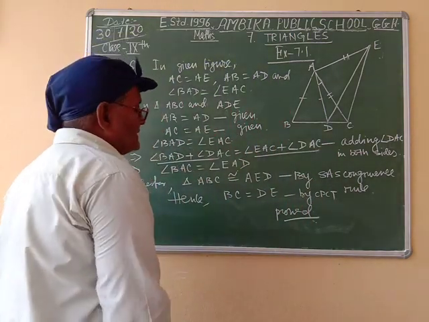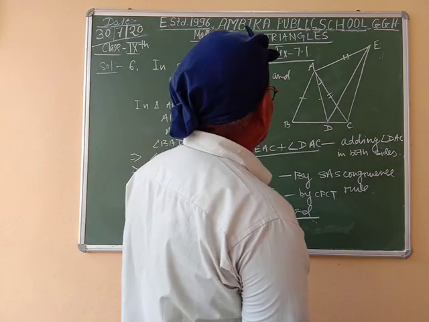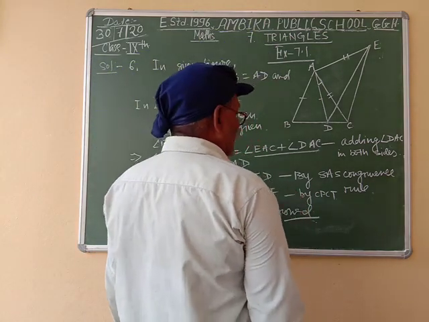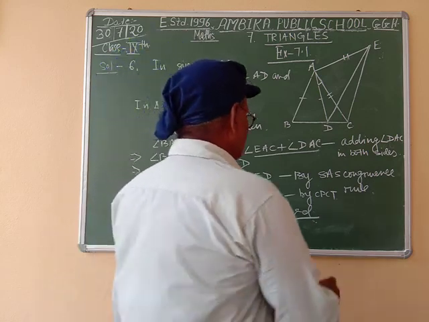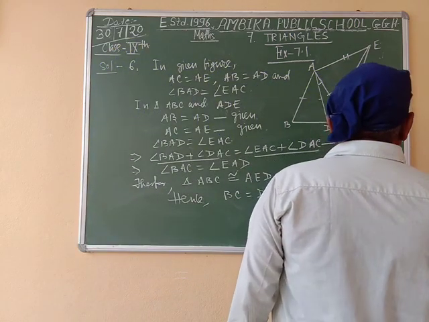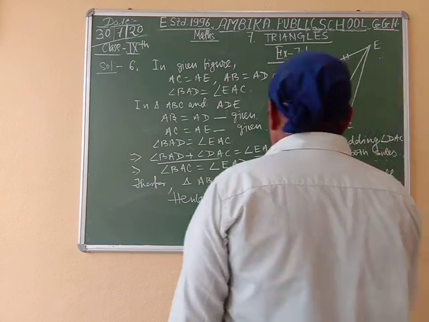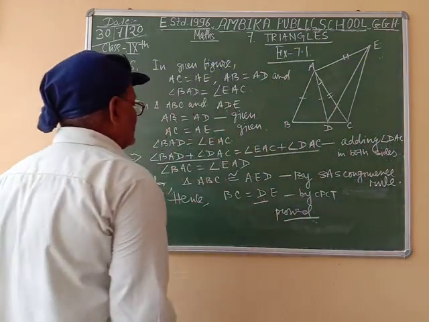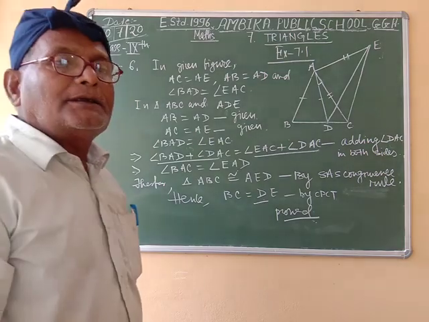Therefore, triangles ABC and AED are congruent by the SAS congruence rule. Hence BC is equal to DE, corresponding parts of triangles ABC and AED.